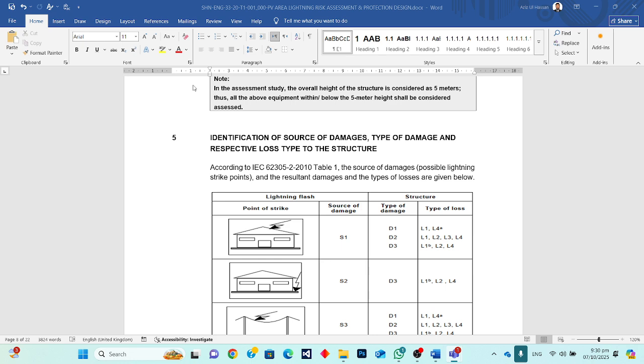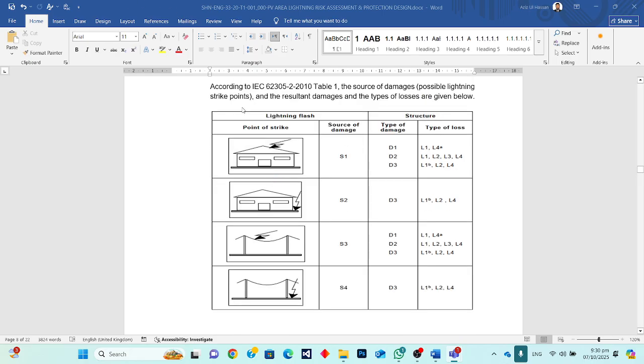Now, according to IEC 62305-2:2010 Table 1, the sources of damage, possible lightning strike points, the resultant damages and the types of losses are given below. Now we can see that there are the four types: lightning flash, point of strike, where they are pointing, like you can see that.